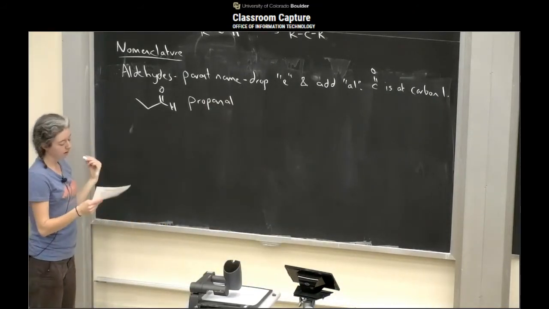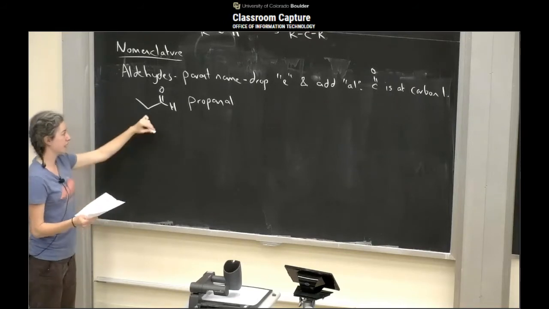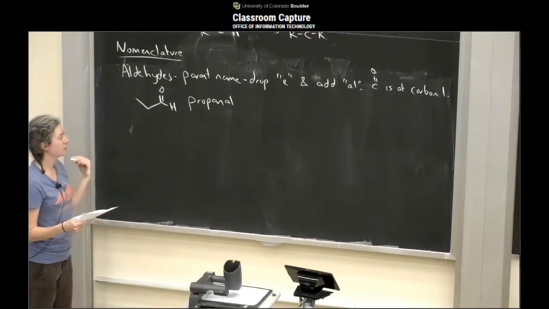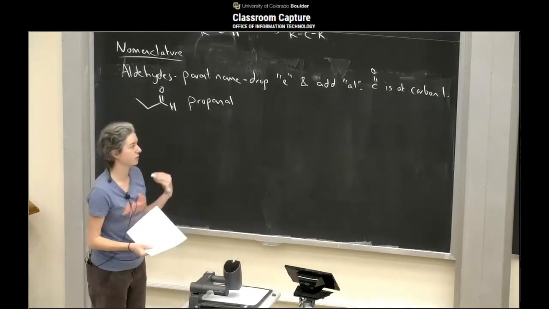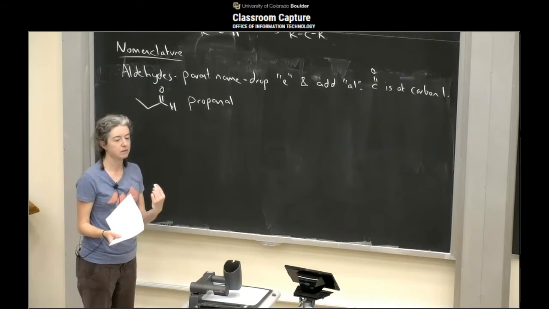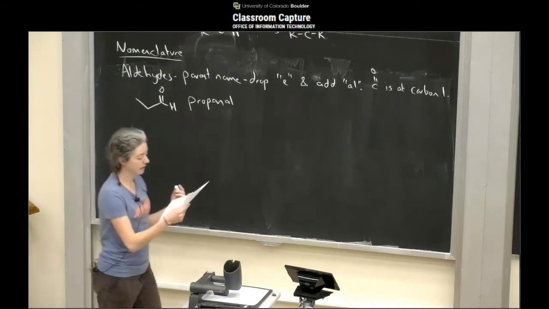Okay, if it happens to be a dialdehyde, so it's got an aldehyde at both ends, then we keep the E and add dial. So kind of like when we're naming alcohols with 2 OH groups, we keep the E, we add diol. Aldehydes are similar.